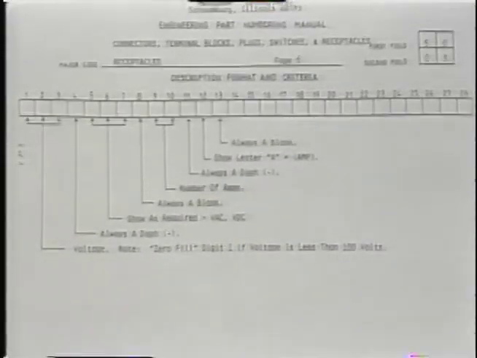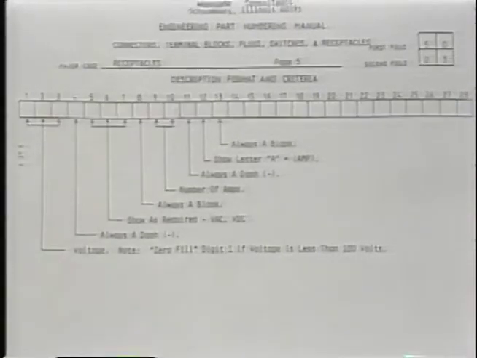The next page, which is a definition of the receptacles, which is 5003. We go into the development of the format and criteria of the receptacles, and the next page, which is 6 of 7, goes into the switches.